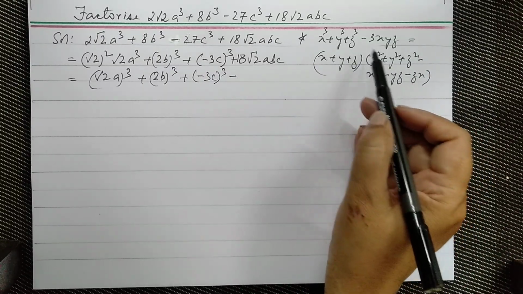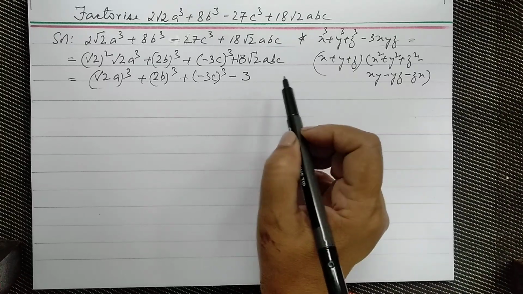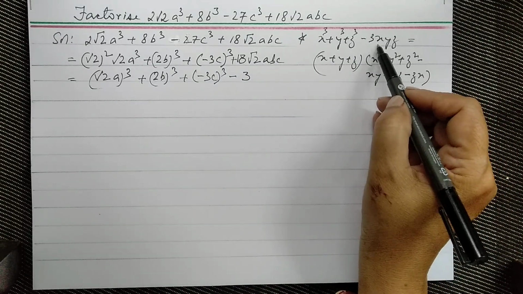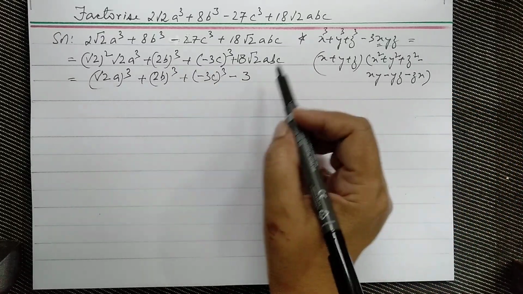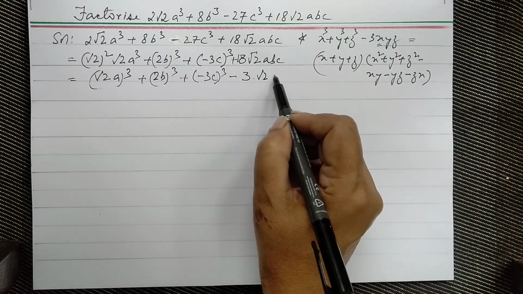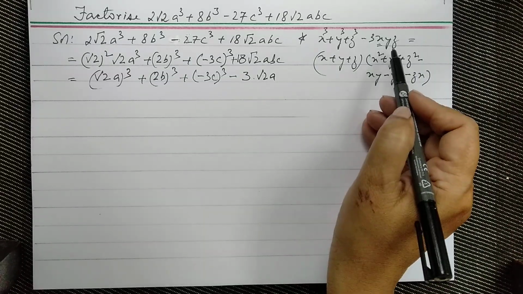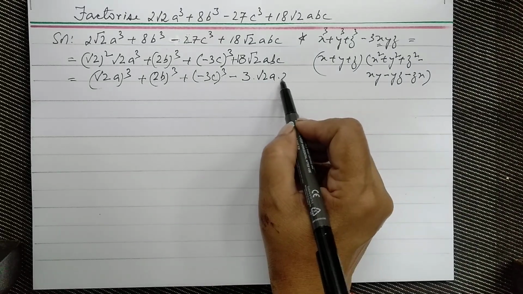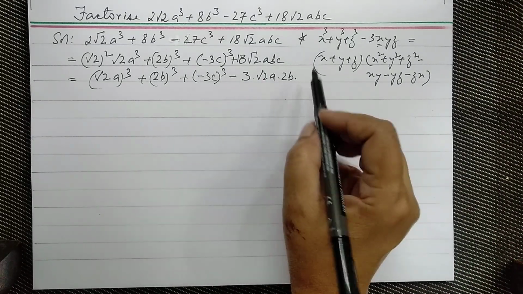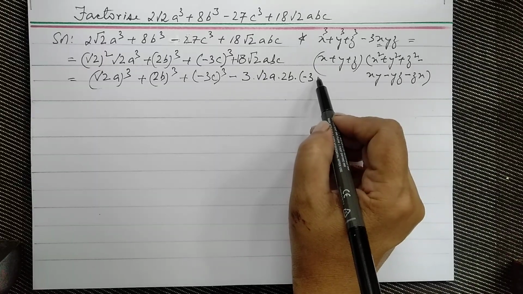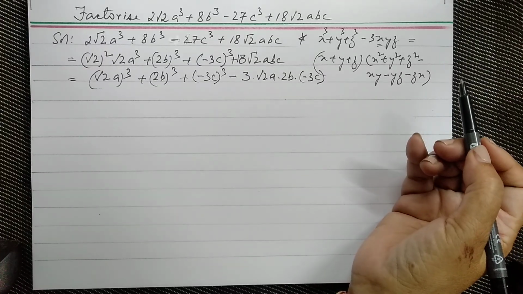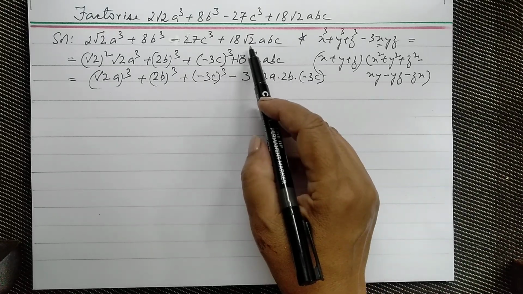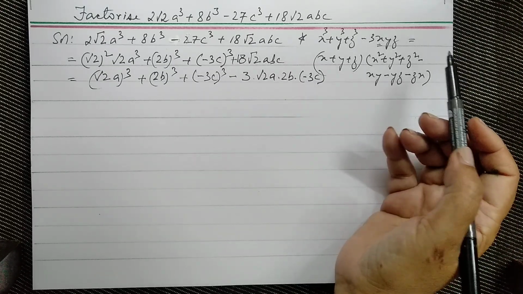And now putting a sign of minus here, we very well know what is our A, because we have x, which is root 2a. What is our y? Y will be 2b, and our c will be in bracket minus 3c, correct?